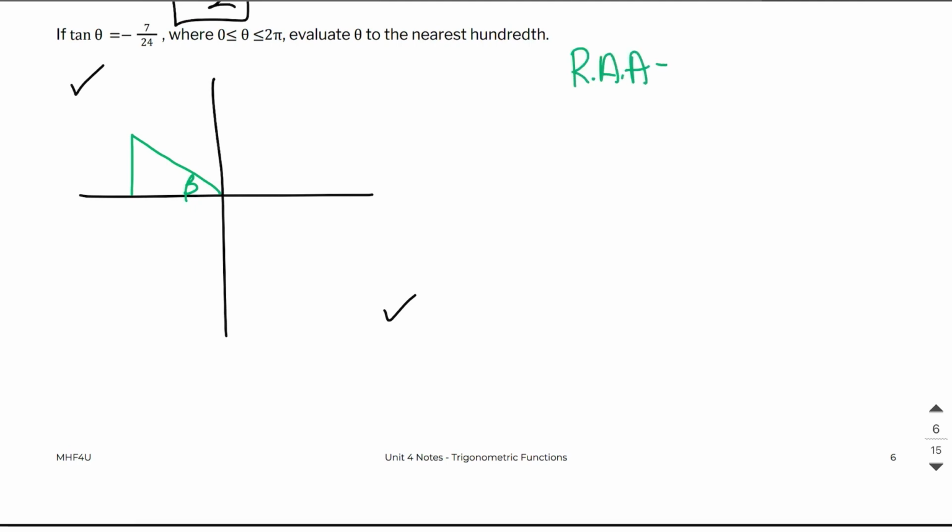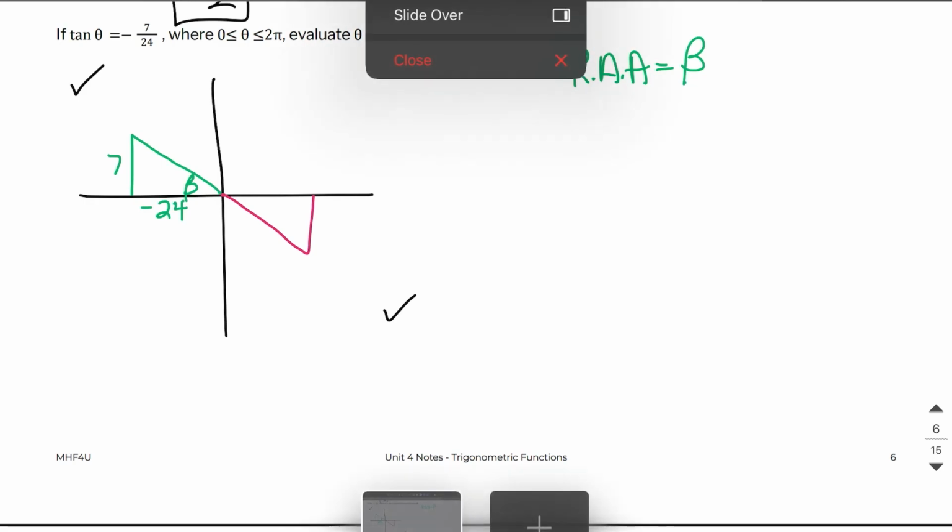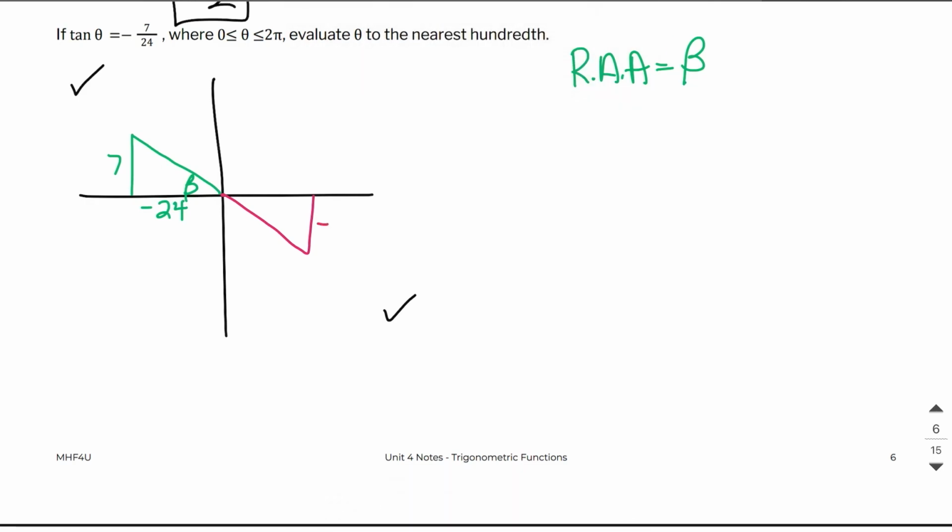I'm going to label beta here as my related acute angle. So it's not theta, it's beta here. And we know that right here, this is going to be 7 over negative 24. And then we also know that this is going to be in quadrant 4 as well. And it's the same thing, but this time this is going to be negative 7 over a positive 24. But don't forget right here that we know that this is pi, and we know that this is 2 pi. And then here, this is also beta.